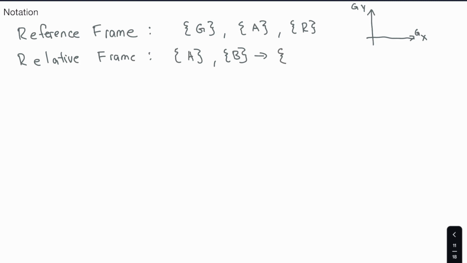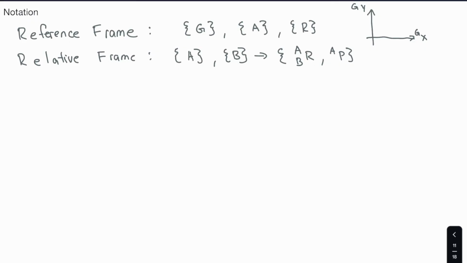Some way to represent a change in orientation from A to B. So that's what R stands for, it's a rotation matrix. And then an offset, a point. So if I'm talking about one frame relative to another, you should have these two entities in mind.